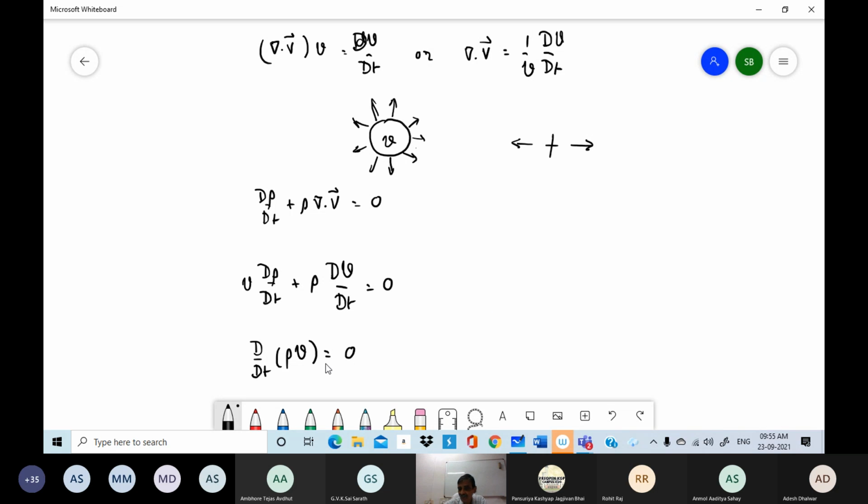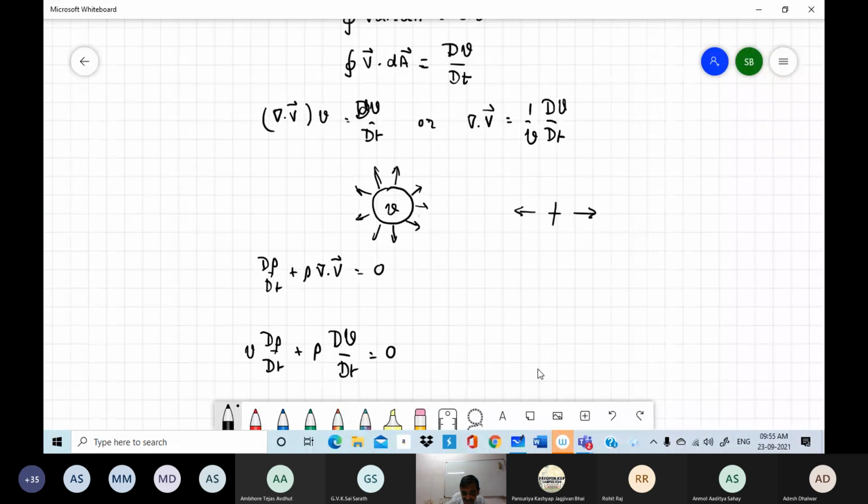Which is simply conservation of mass. That if I follow a material element, the rate of change of its density into its volume must remain. So the rate of change of that must be 0. So the density into the volume remains same.